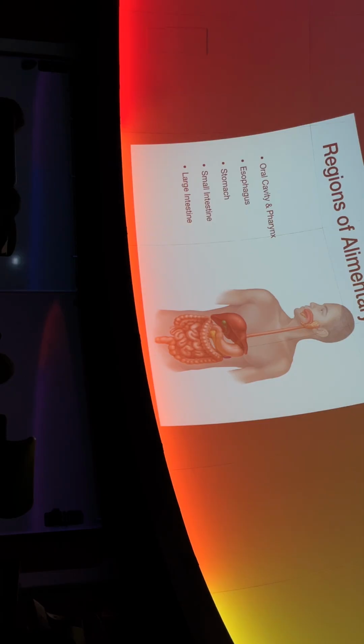So I use proximal versus distal, because the tube is attached right there. The oral cavity and pharynx are all this region. The esophagus is right here, then the stomach. All this smaller tubing is small intestine, and then look at our large intestine, it's quite ribbed. And then it exits the body.